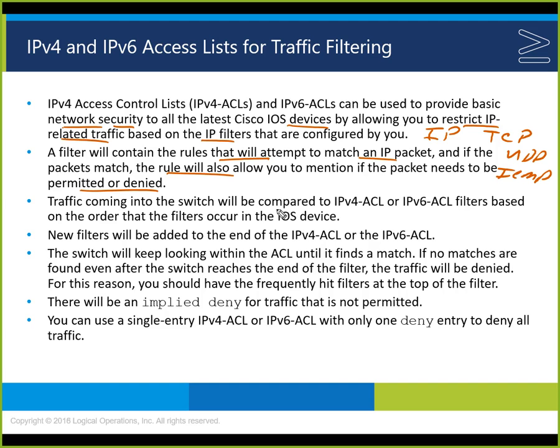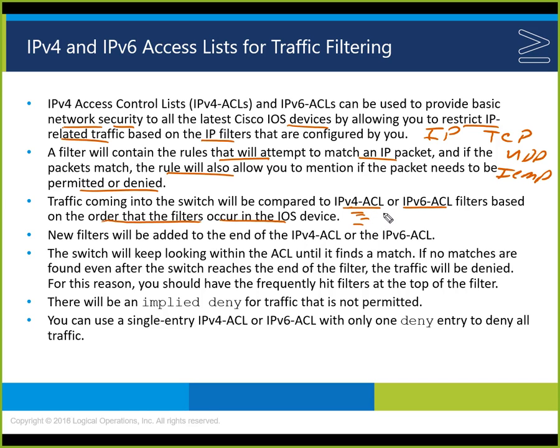Traffic coming into the switch will be compared to the IPv4 or IPv6 access list based on the order that the filters occur in the iOS device. Starting at the top, working its way down, checking to see if any applies. The first one that applies, it doesn't go any further.